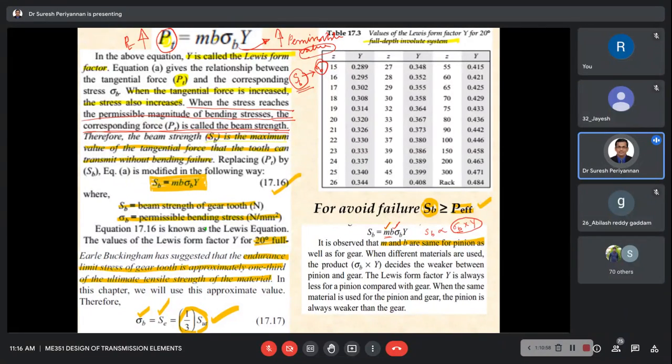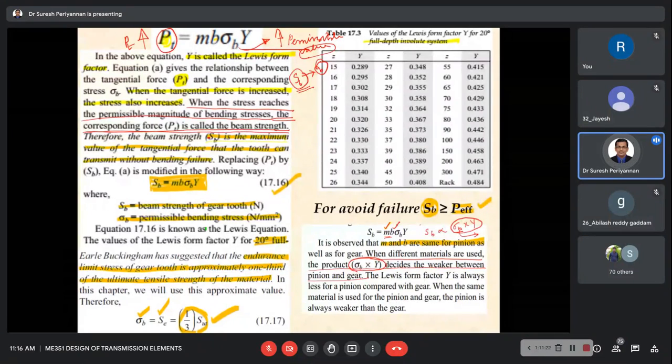Why will sigma B vary? Suppose I am using two different materials, pinion one material, gear another material. When different materials are used, sigma B and Y decide which is weaker between the pinion and gear. This will tell you which one is going to be weaker in our design, either gear or pinion.